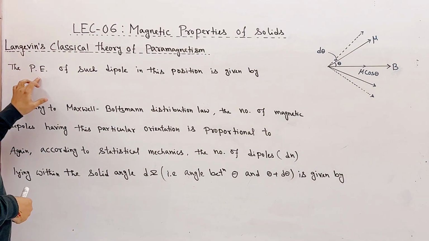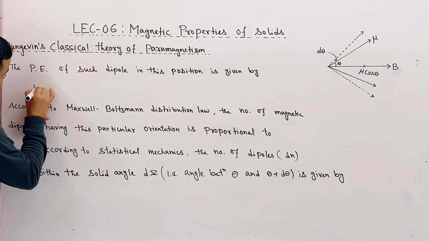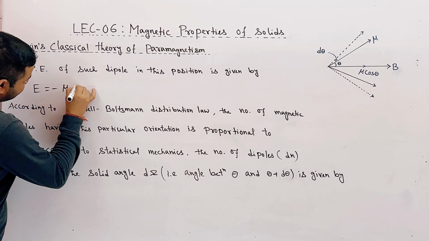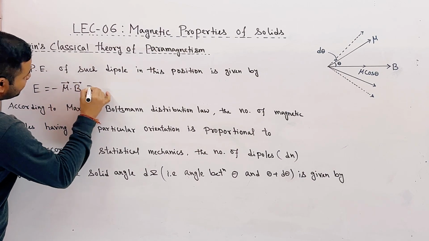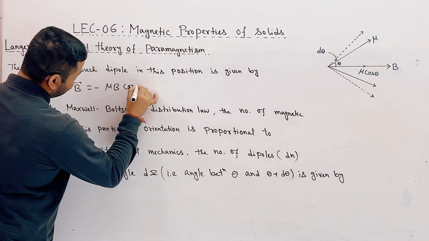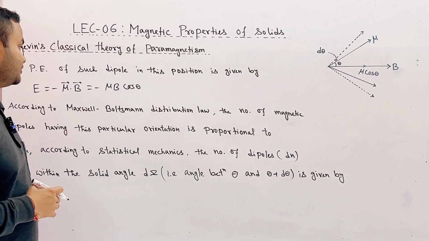The potential energy of the dipole in this position is given by E equal to minus mu dot B, which is equal to minus mu B cos theta. Next, let us apply Maxwell-Boltzmann distribution law.